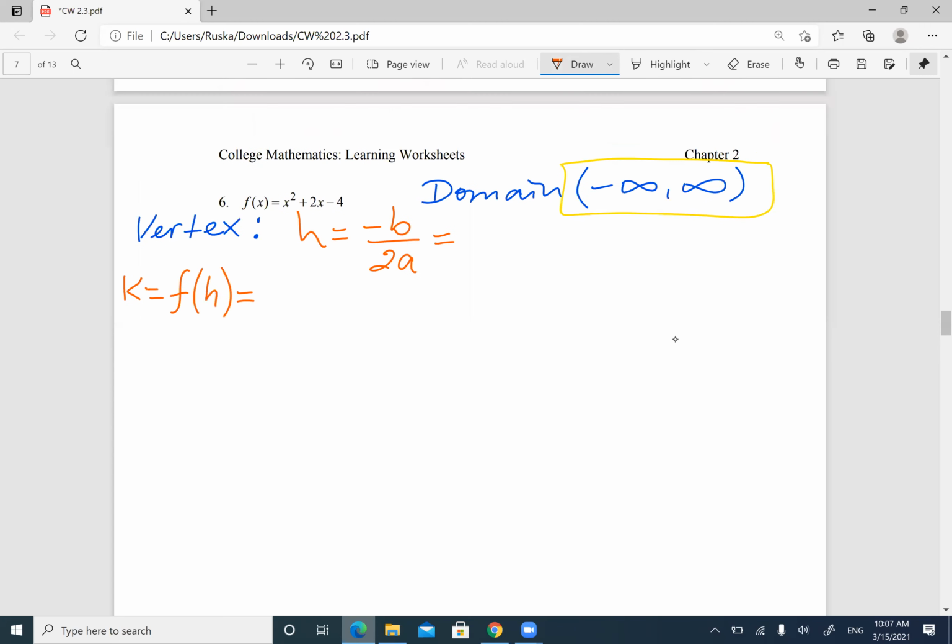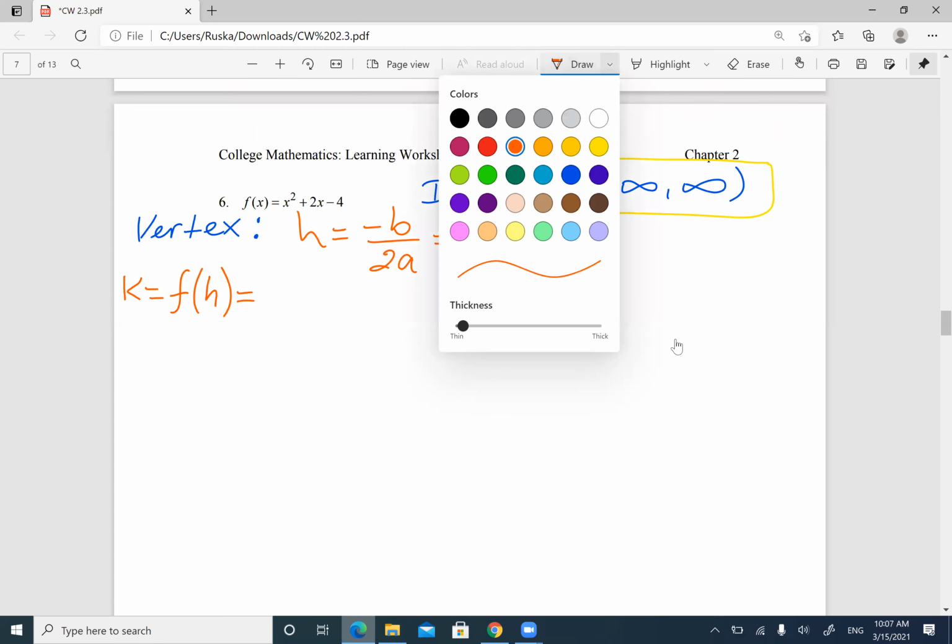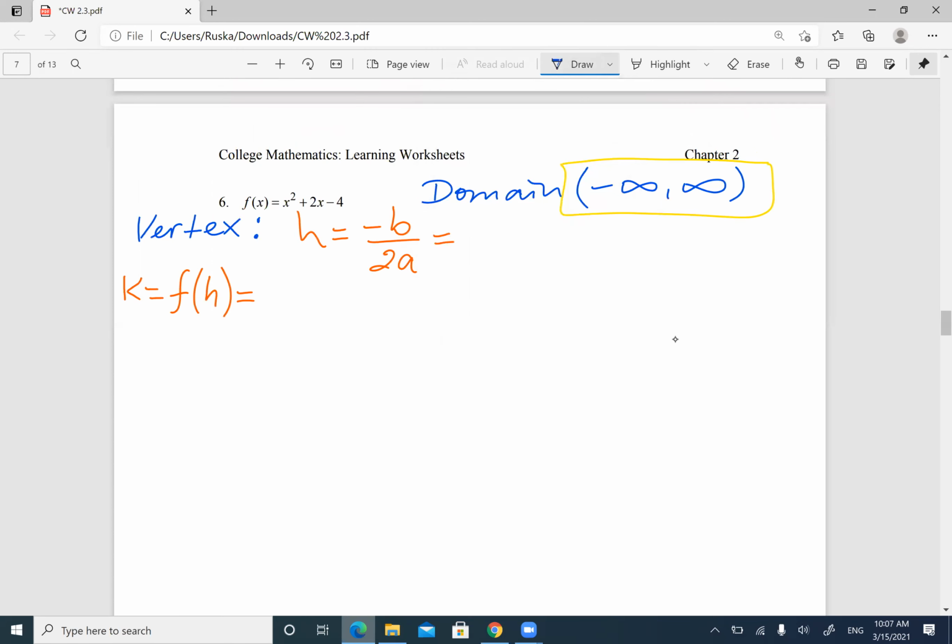So looking at my equation, remember when you have a quadratic equation, a is in front of x squared, b is in front of x, and c is the number by itself. Can you tell me what is a? What is the number in front of x squared? It's an invisible 1, right?